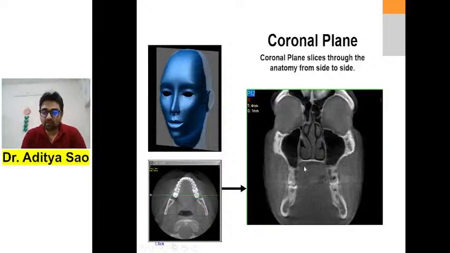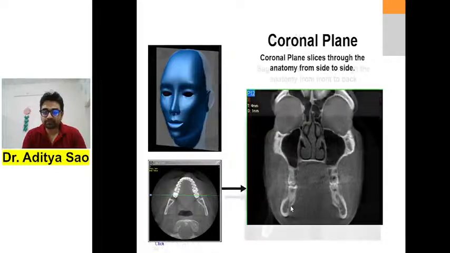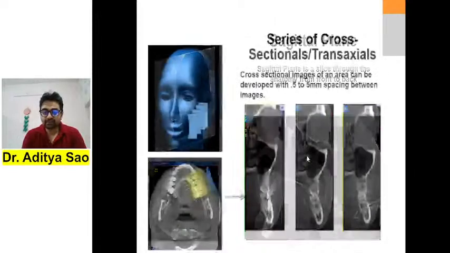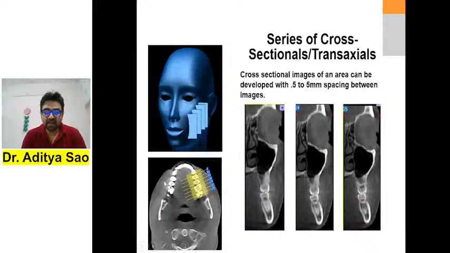You can see the hiatus semilunaris, the maxillary sinus, and the orbital structures. Then this is the sagittal area. And this is the transaxial section. We have the whole axial area, but we only want to study, for example, this area, so we will take only this area into consideration. That is a transaxial section. Clear?